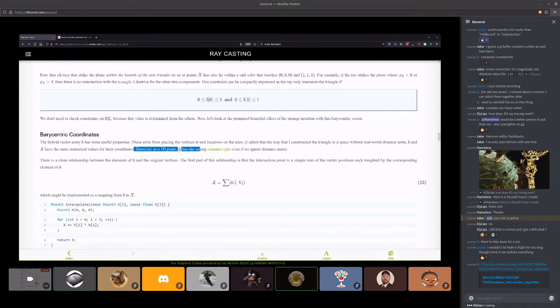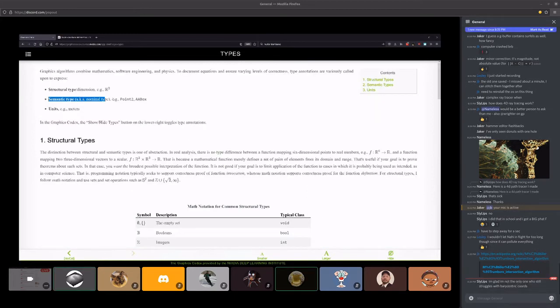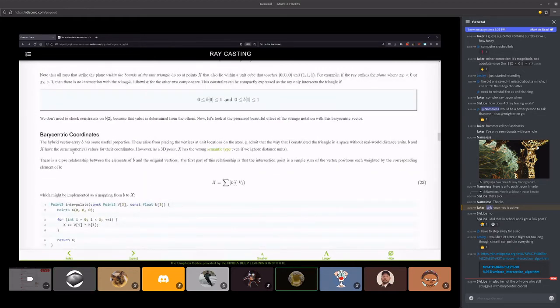It's good to know X is a point, whereas B is a vector. Is that the structure? I'm not quite sure. Oh, there. Okay.